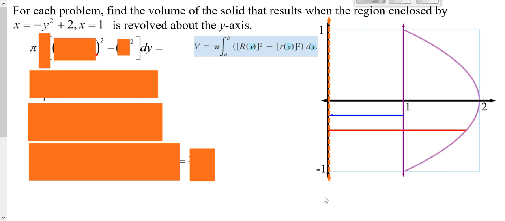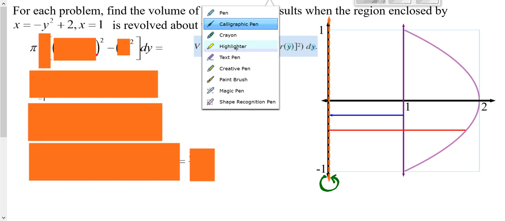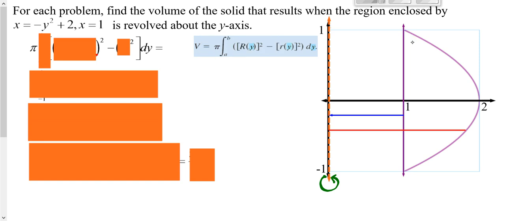We also know that our y-axis is your axis of revolution right here. We are looking for what's between our sideways parabola and our x equals 1, which would be this region right here. So this is our region that we are revolving.